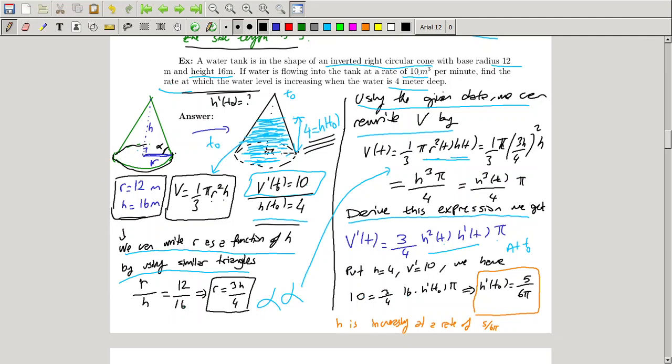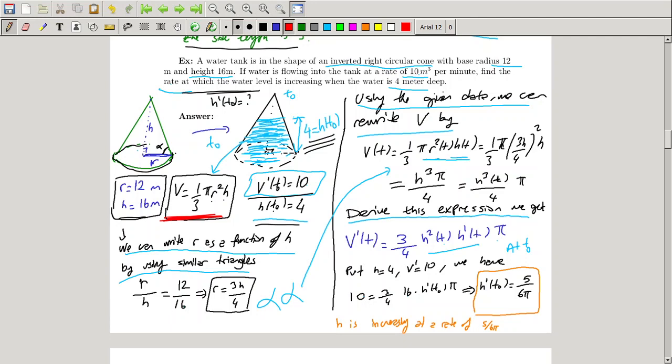Now we have V prime given, h(t0) given, and moreover, I have the volume equal to 1/3 π r² h.